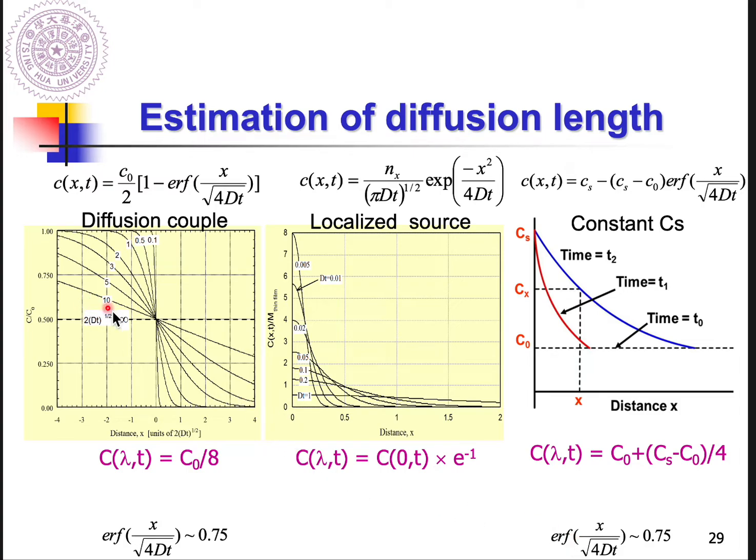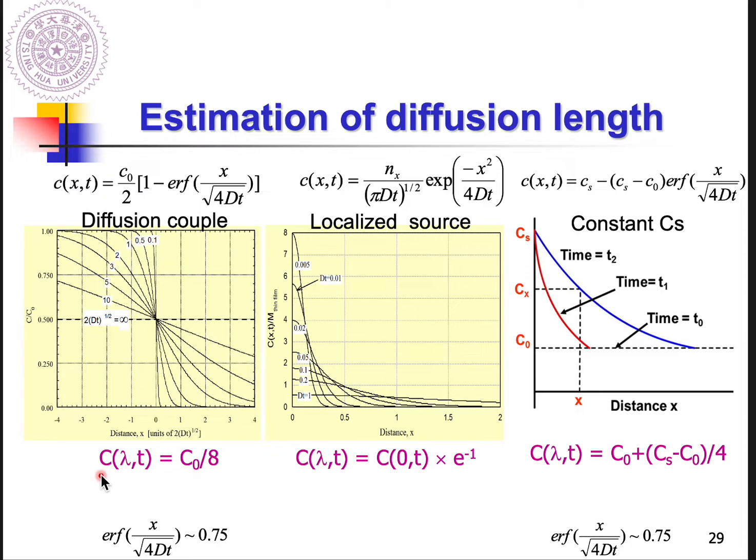So I listed the 3 cases we just discussed in the previous slide and the corresponding solutions. If you plot the square root of 4Dt, you can see at this location what the concentration is relative to C0.